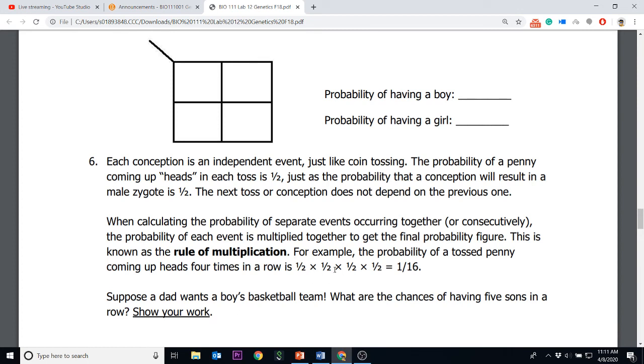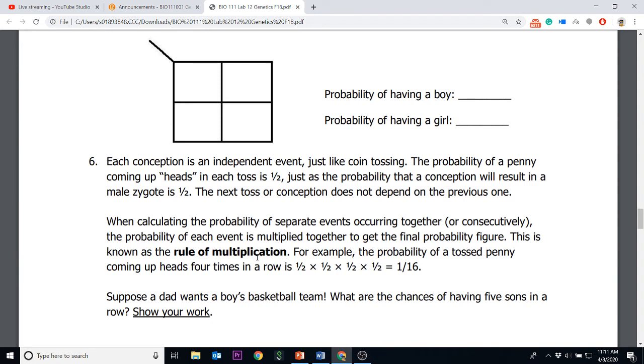The chance of having the second boy is 1/2. But you have to multiply all these probabilities together, not add, because it's harder to get 4 boys in a row, right? So that's why it's 1/16. The number gets smaller and smaller if you keep multiplying.